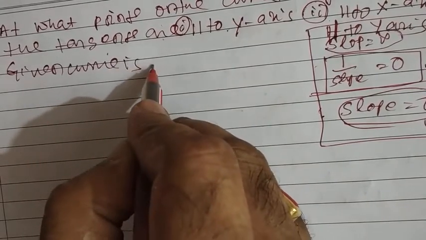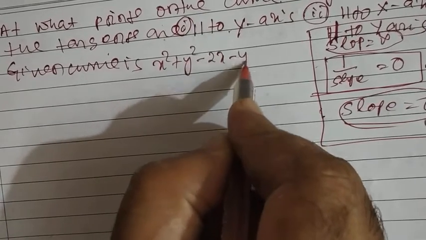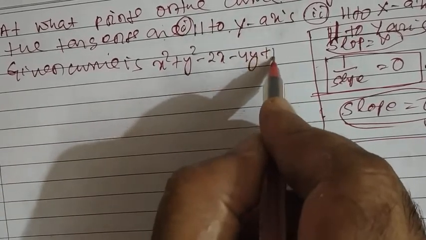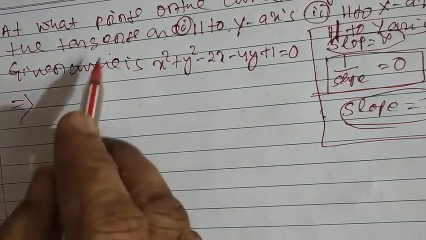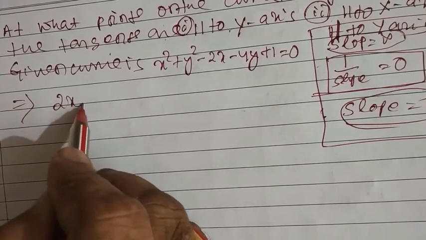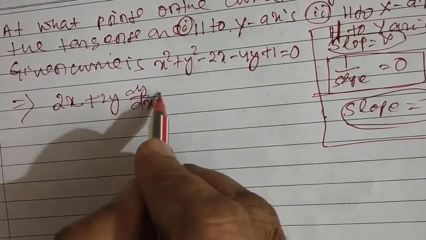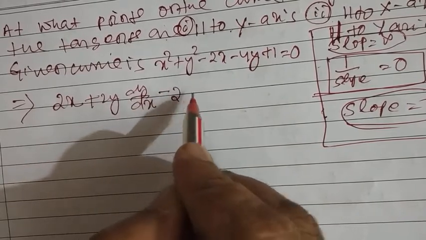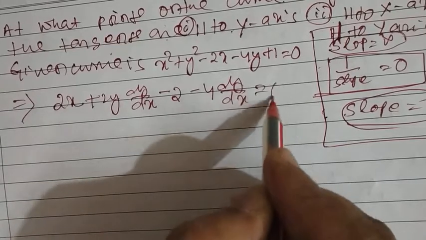Given curve is x square plus y square minus 2x minus 4y plus 1 equal to 0. Differentiate this because we need the slope of the tangent. So 2x plus 2y dy by dx minus 2 minus 4 dy by dx equal to 0.